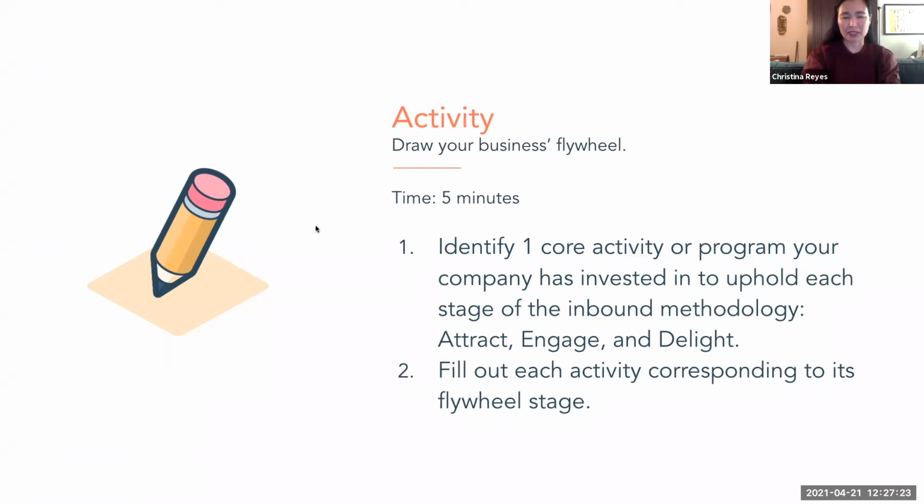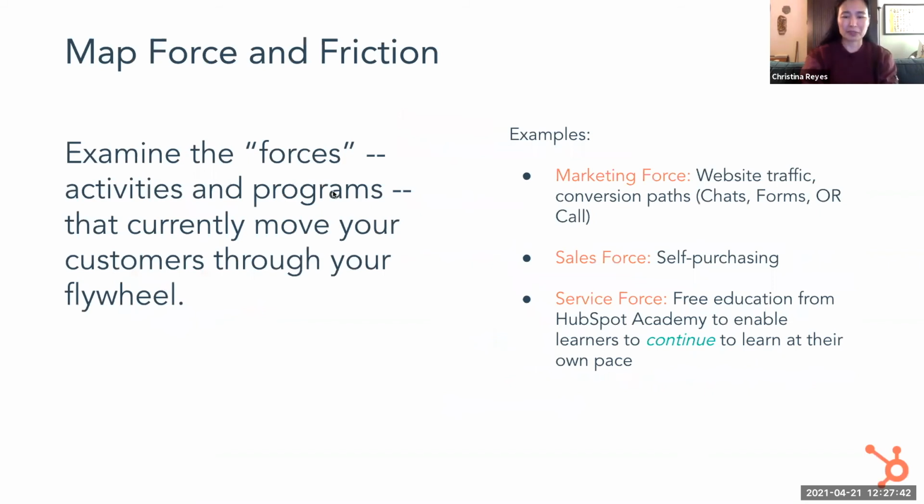If you've got your flywheel done, we'll give you just a little bit longer to draw that out. Okay. Now, if you got your flywheel on your worksheet all drawn out, or maybe just a sheet of paper if you weren't able to print.